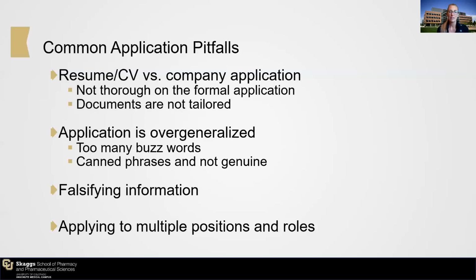And so really the takeaway here is that there are two separate documents. That company application, you're going to have to produce full company address information, maybe phone number, maybe your supervisor information. Whatever question is asked on that company application, it needs to be completed in full, so very thorough.